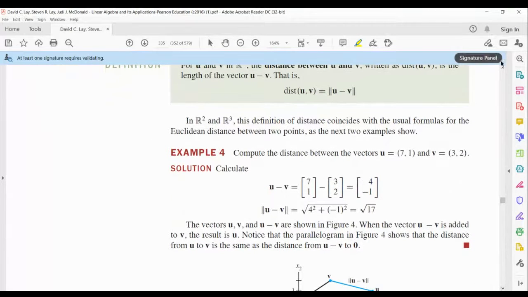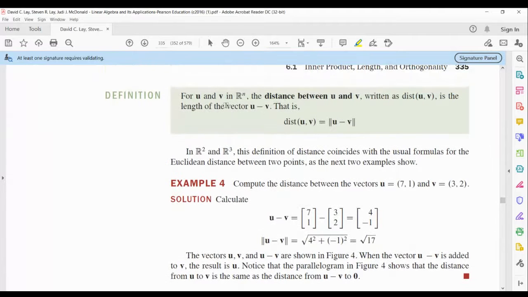If you have two vectors u and v, the distance between those vectors would just be the length of the vector u minus v.